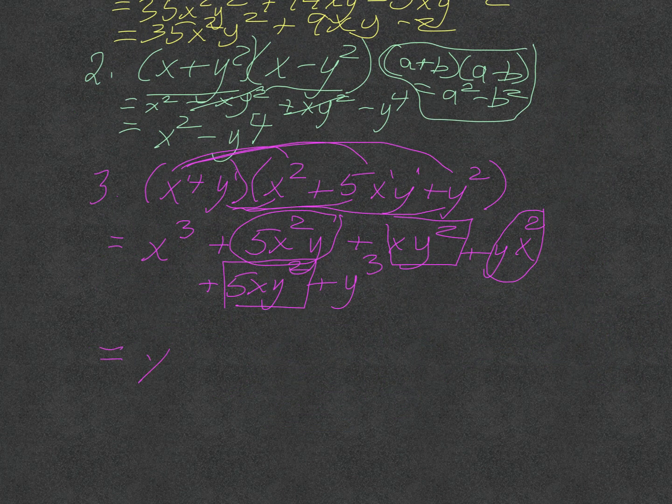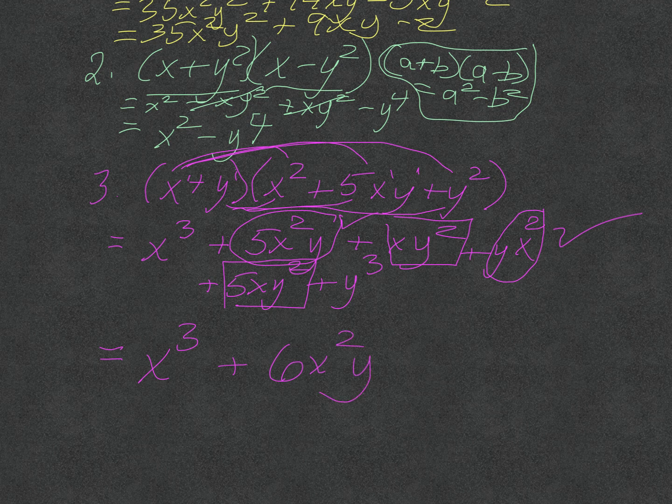write those. So we'll have x cubed, and then a 5x squared y plus a 1x squared y, or a 1yx squared. So I'm looking at this one and this one. Okay, those are the same even though one's written backwards. So it's plus 6x squared y.